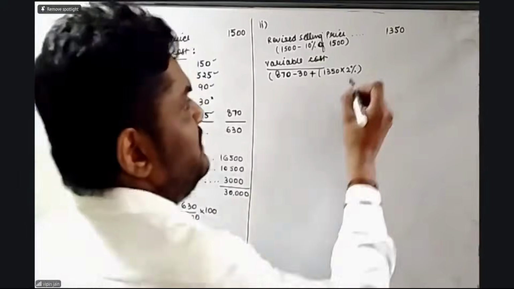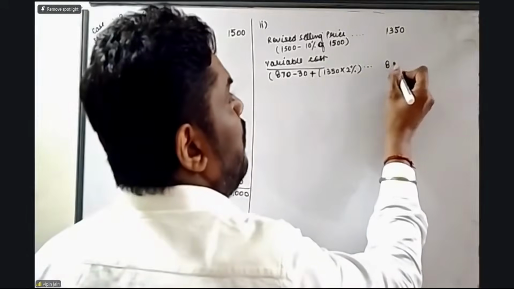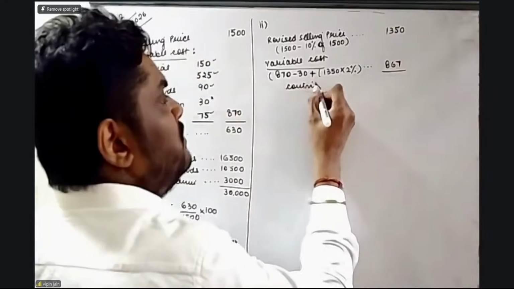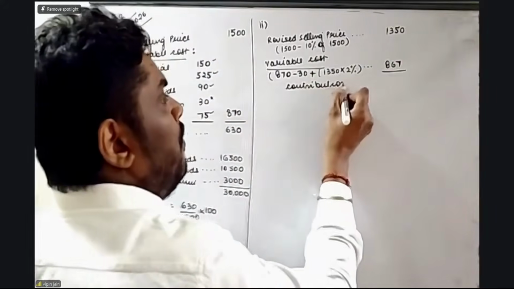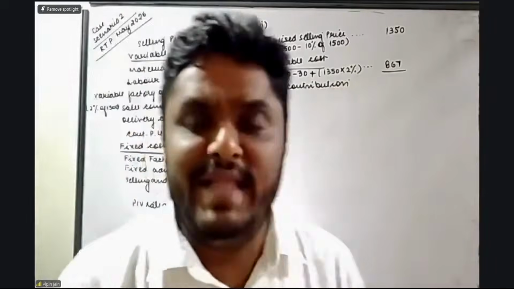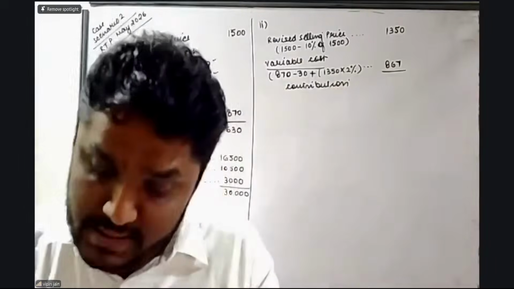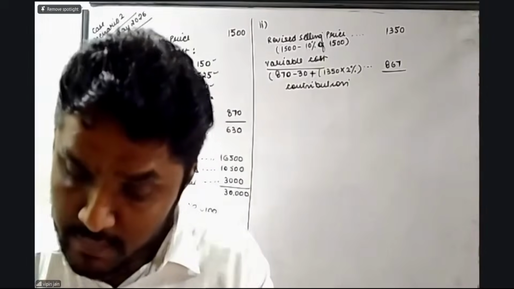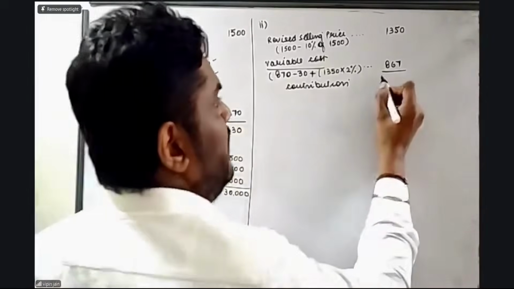That is 867. Because see, the sales commission is based on the sales. So that's why the variable cost will be revised. So 483 will be my contribution.